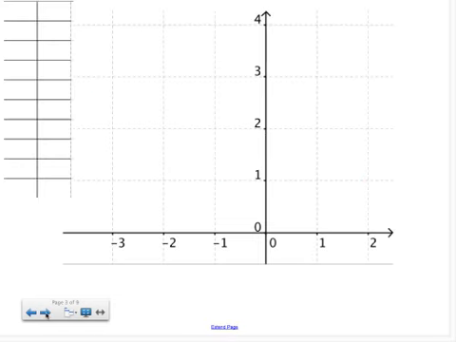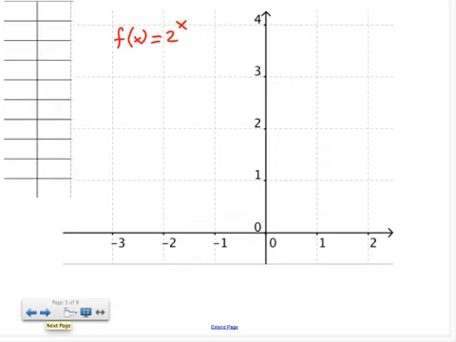So let's take a look at what the parent graph of an exponential function is going to look like. And we'll graph 2 to the x as an example. But we're going to see that all exponential functions follow the same basic shape and have the same basic properties. So this will be a good example for a parent function for this entire family.